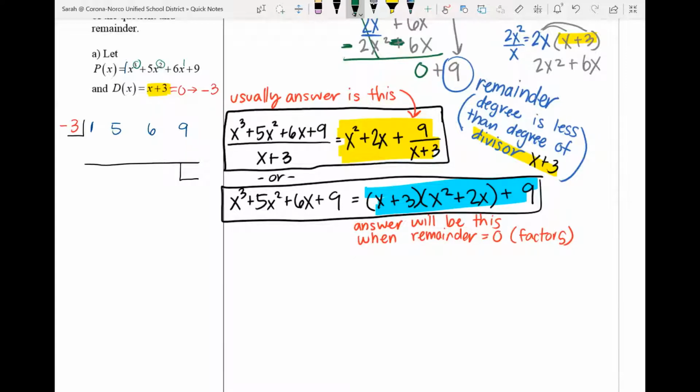So one thing to notice is that whatever this power is here, if you have every term, you should always have one more term than the power, because of that x to the 0 that represents the 9. And so that's one way to keep in mind whether you have all of your terms or not.